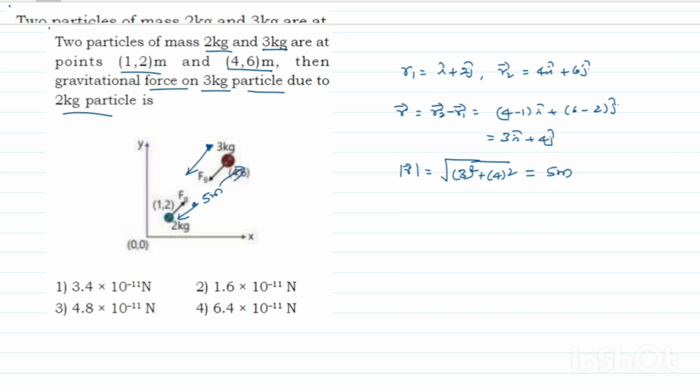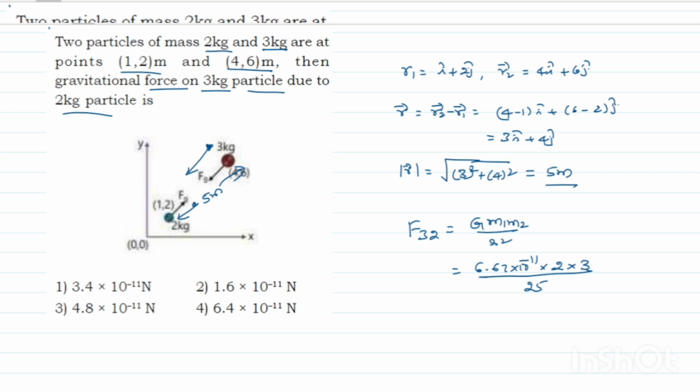Now the force acting on the 3 kg particle by the 2 kg particle: F equals G into m1 m2 by r square. So this is 6.67 into 10 power minus 11 into mass m1, which is given as 2 kg, and the next mass is 3 kg, by r square, which we got as 5 square, 25.